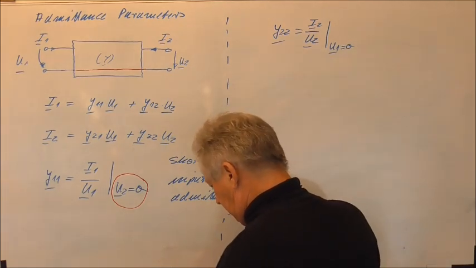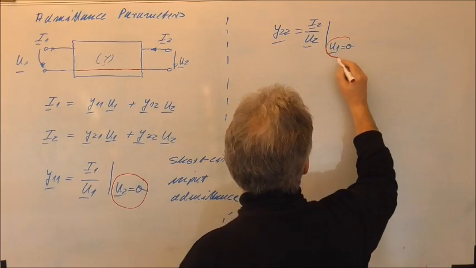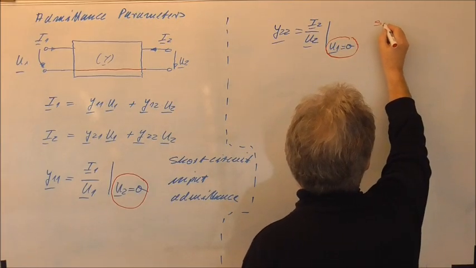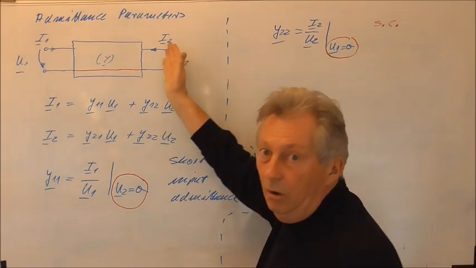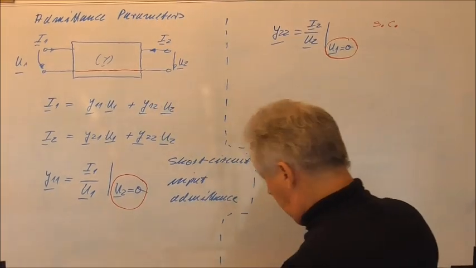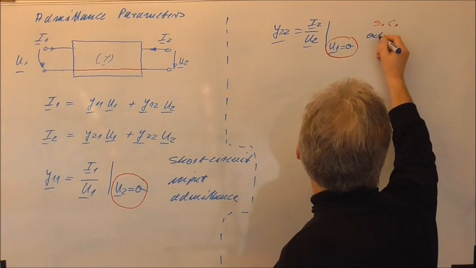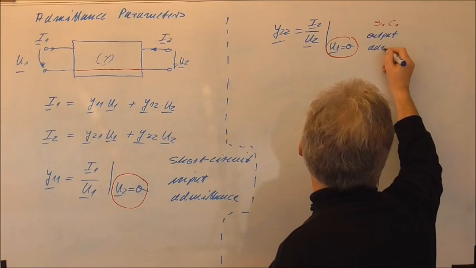So this is again a short circuit. So we can call this the short circuit, and now we are in port 2 or at the output, so we call it short circuit output admittance.